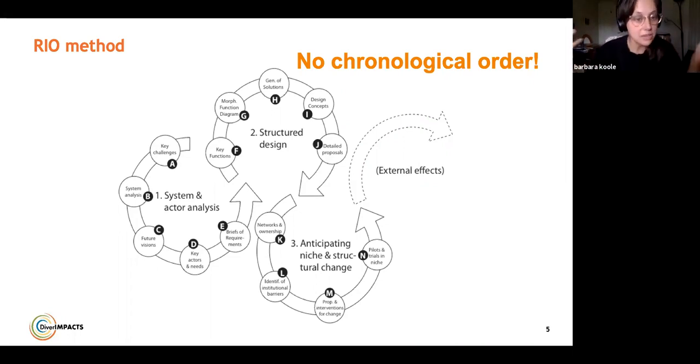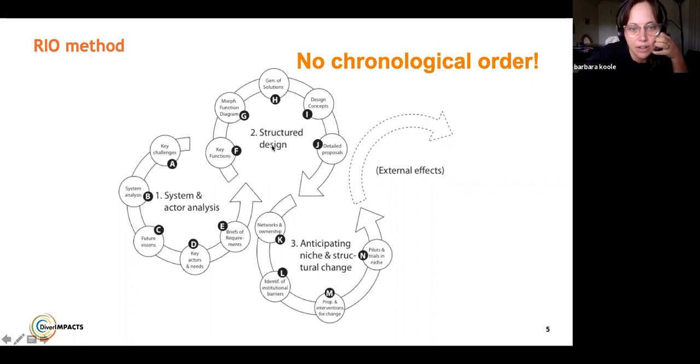However, these 3 elements are important to distinguish. The first element, system and actor analysis, is very much about understanding the situation and developing a really deep understanding of what kind of needs and visions are underlying the opinions and the requests that we are facing in a certain context.